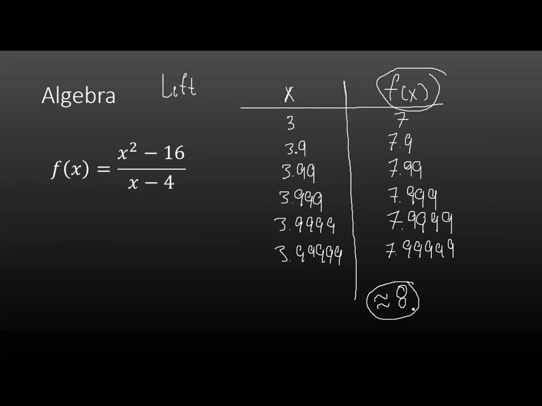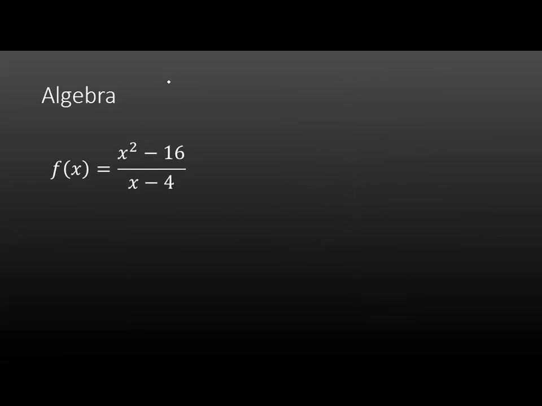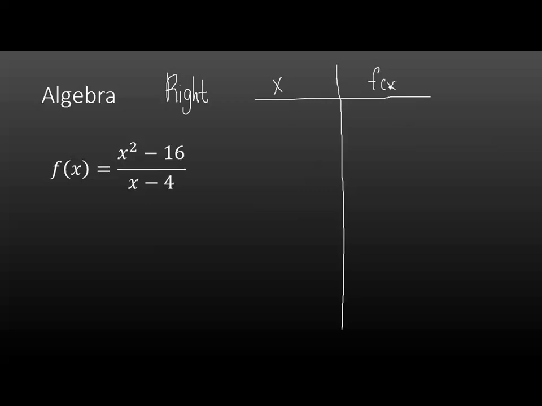Now here's the thing. What if we go on the right side? Let's try on the right side. So we will use x values from the right side that are approaching 4.